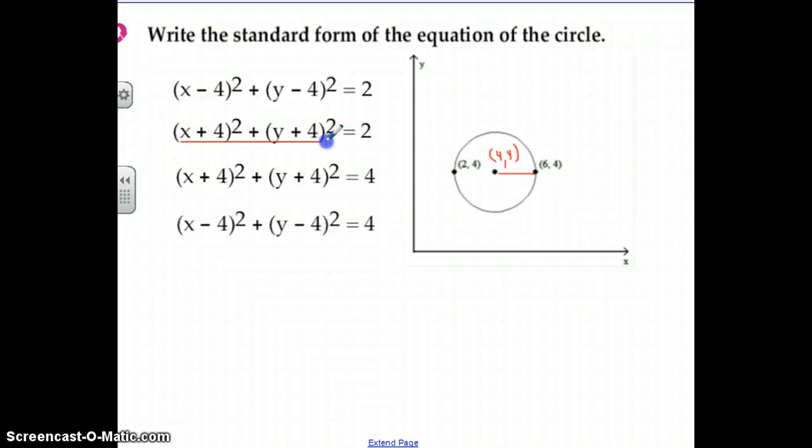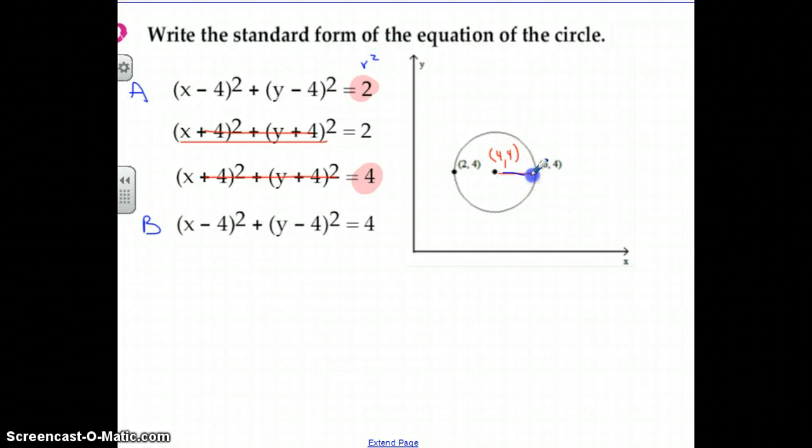So this one's gone because that center is -4, 4. This one's gone. So it's either between A or D, because they're the only two with the center at 4, 4. Now all I have to do is try to identify if the radius is really 2 or if the radius is really 4 out there. And remember, the definition says r squared out here.